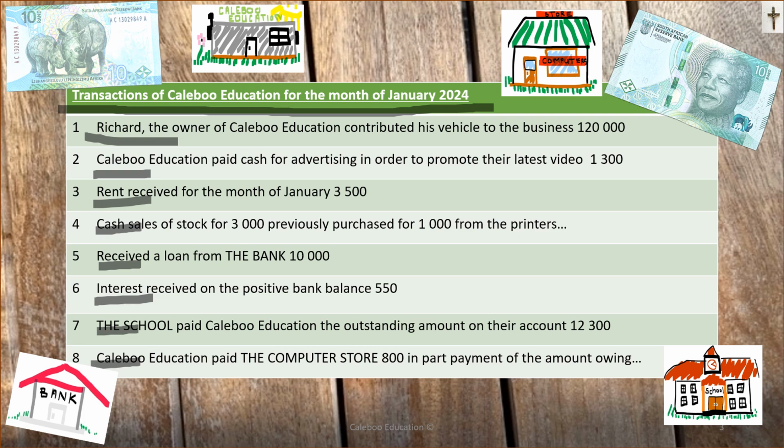I will go through each of these 8 transactions individually. We're going to apply the accounting rules, and solve each transaction by debiting one account and crediting another account, using the correct general ledger accounts.